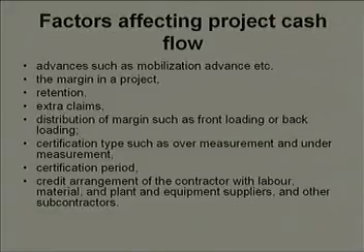We will see what the impacts of these different kinds of loadings are, such as uniform loading, front loading and back loading. Then there could be different mechanisms of certification, such as over measurement, under measurement. So, these things also play a role that we will shortly see.